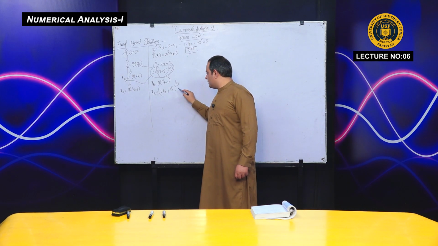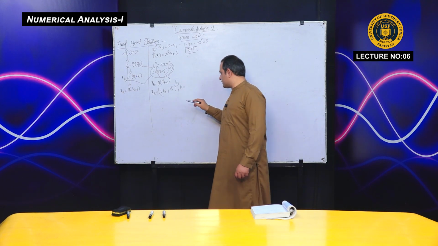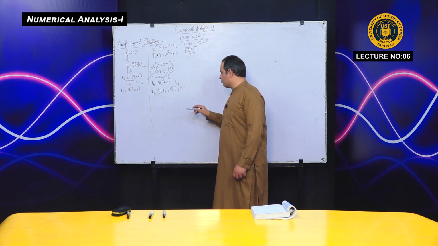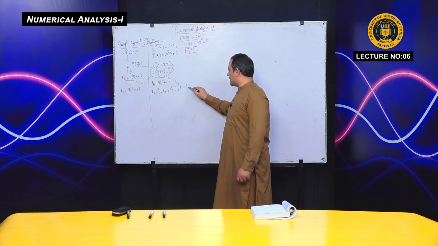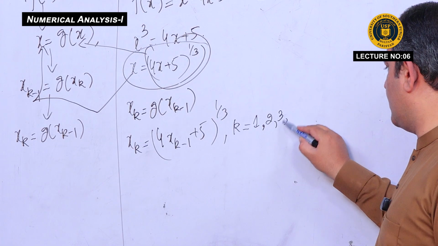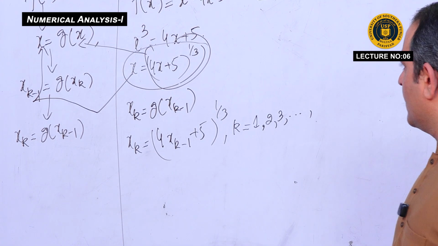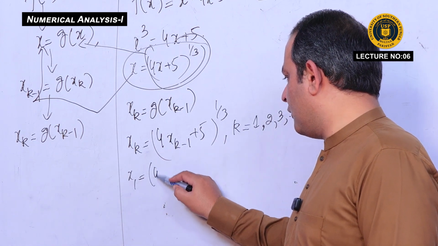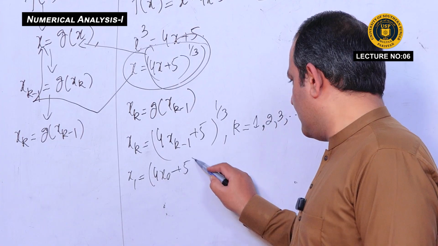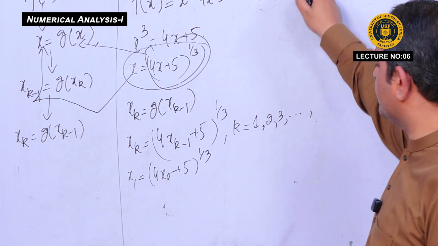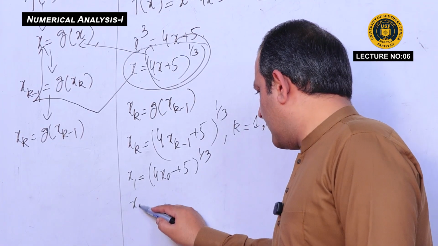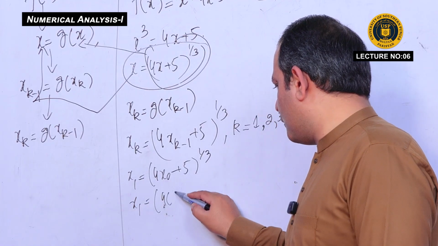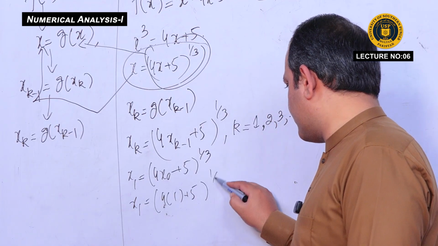Now the iteration will be k starting from 1, 2, 3 and so on. Put the value k equal to 1. This will be x1 equals 4x naught plus 5 power 1 by 3. You have x naught is 1, so x1 equals 4 into 1 plus 5 power 1 by 3.